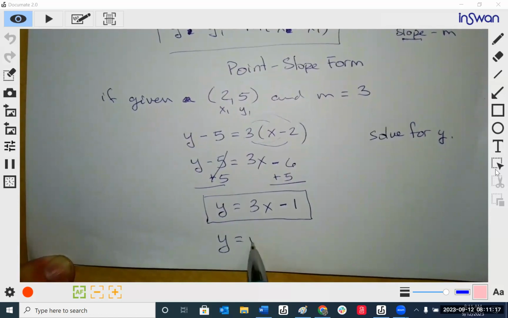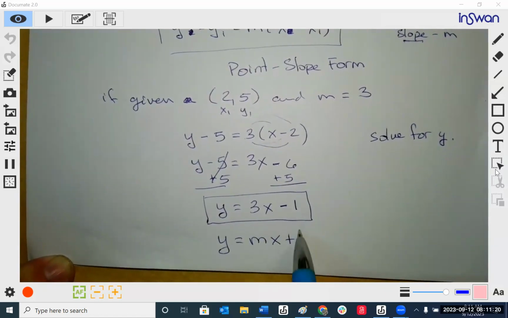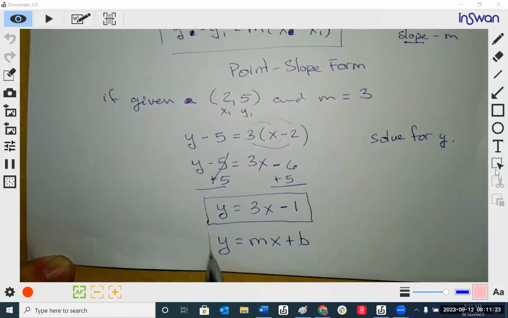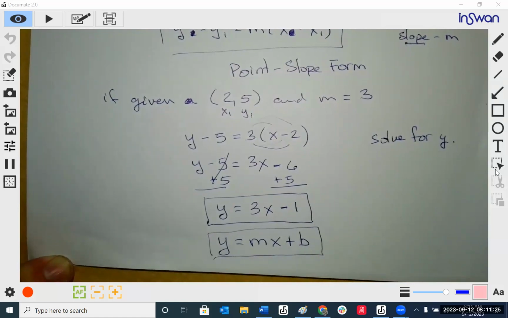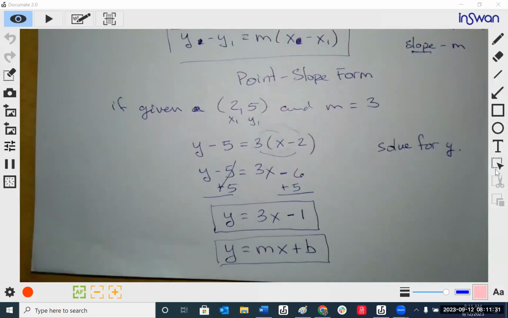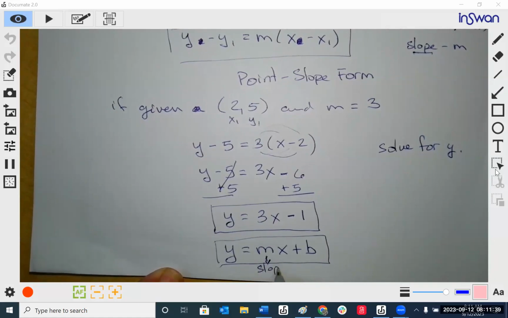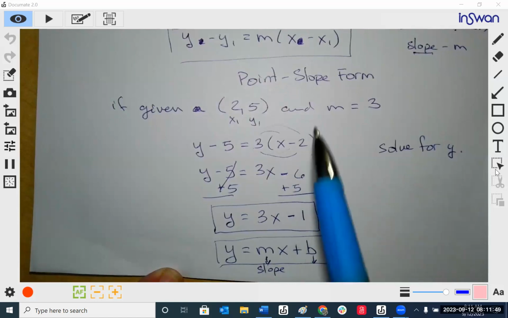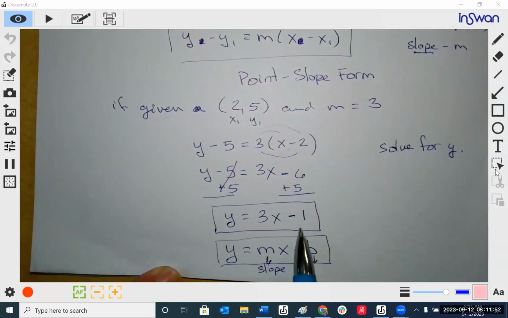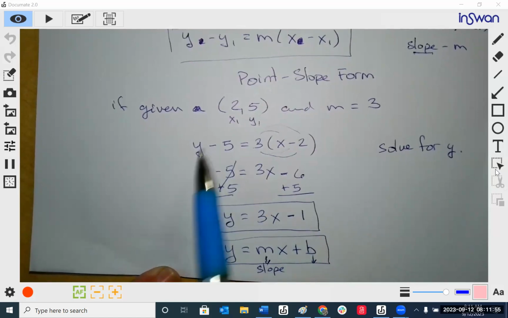This form looks like this. M is the what? And B is the, why is it the y-intercept? No. Actually, the y here is -1, it was lucky, but that's not what we had over there.